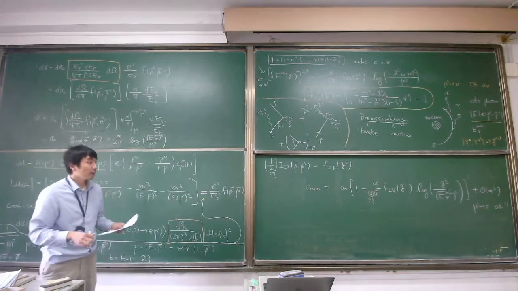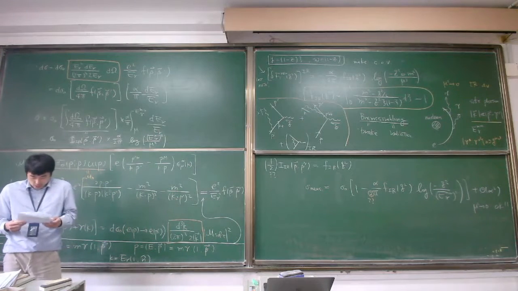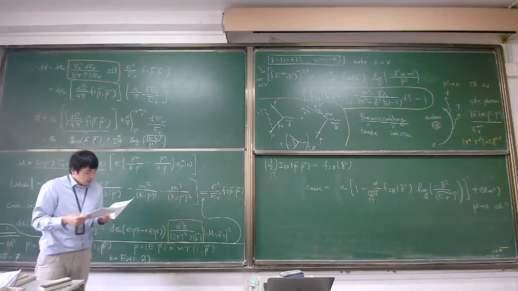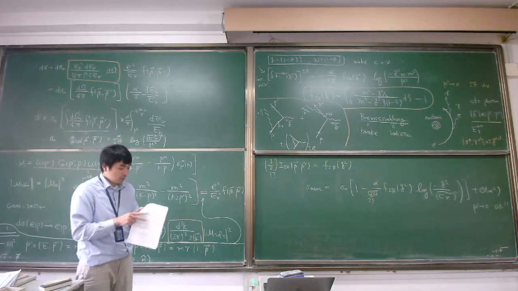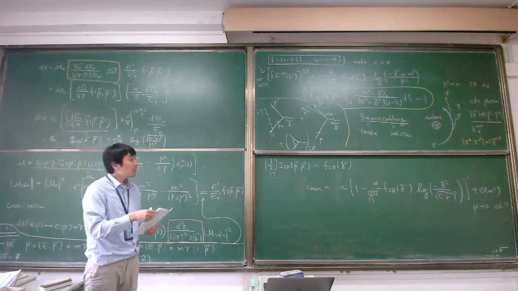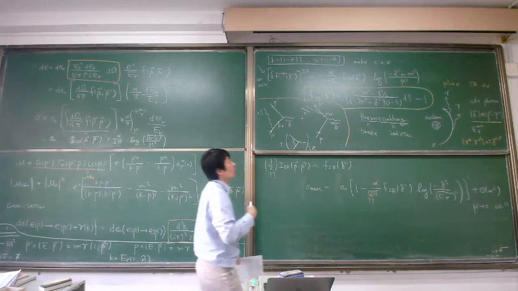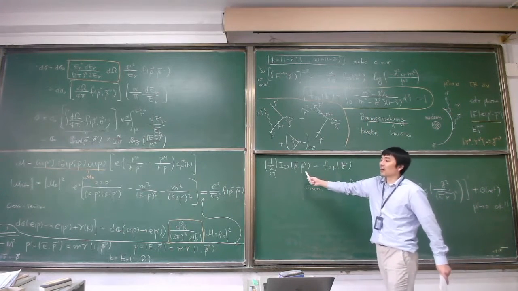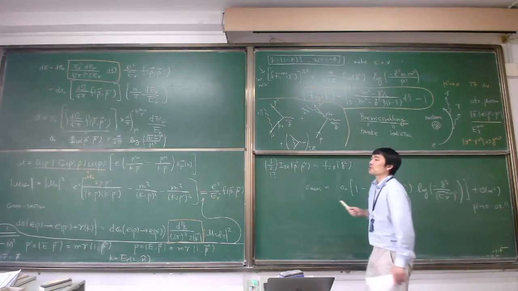I will correct it later. In particular, if you just do the homework, you just show this identity, but be careful about the factor of 2. Sorry.